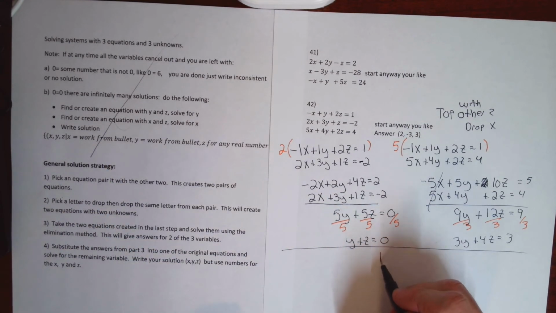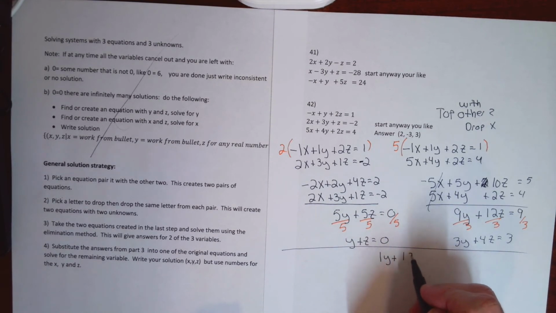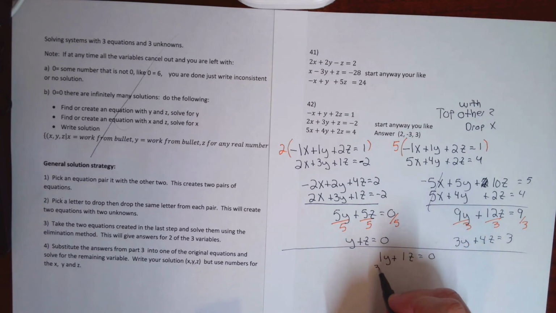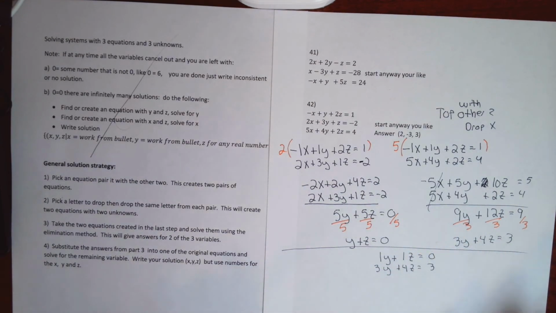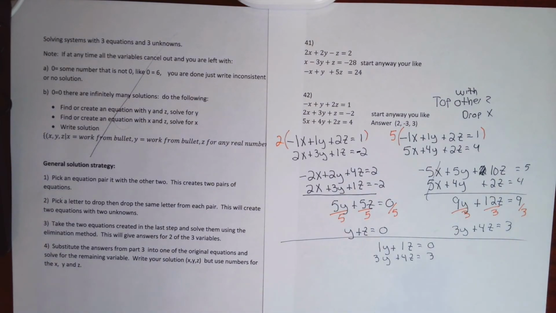I'm going to take the equation that I'm going to write with the 1's, 1y plus 1z equals 0, stuff it on top of the equation 3y plus 4z equals 3, and just pray that I haven't made a mistake already, because if I have, everything I'm about to do now is a waste of time.